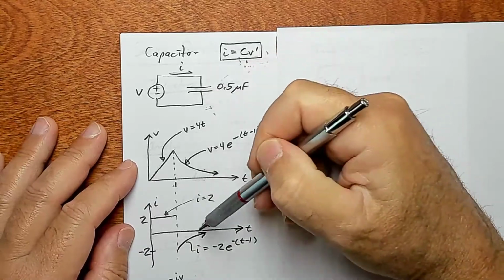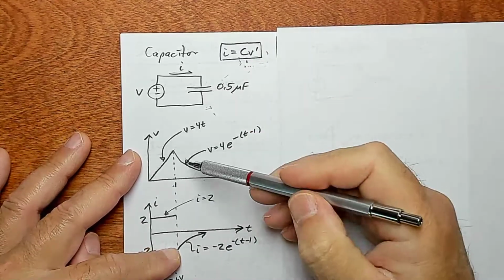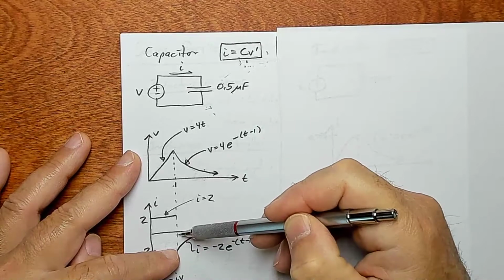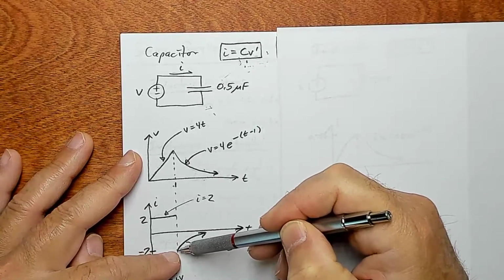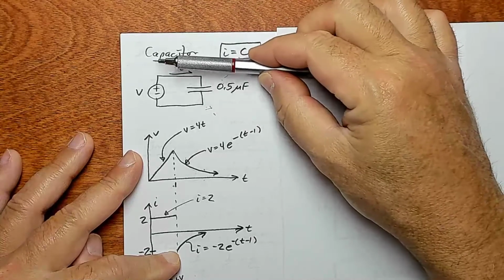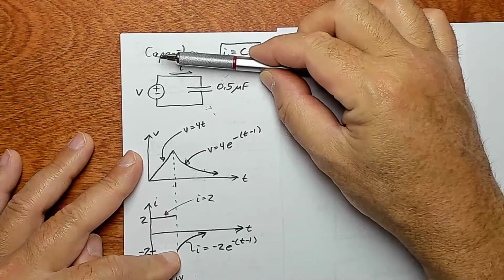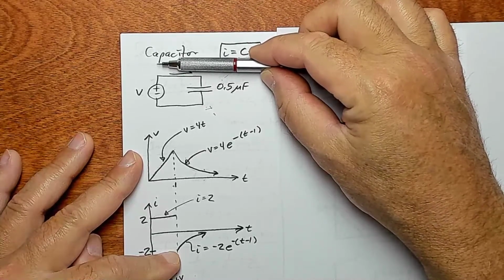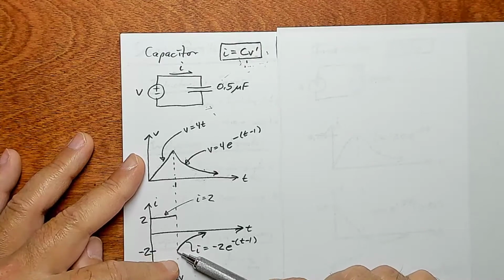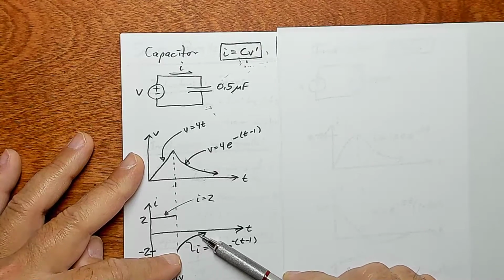Okay, then as the voltage starts decreasing, the current flips direction. The current immediately, just instantaneously, goes the opposite direction, and then it starts slowing down.